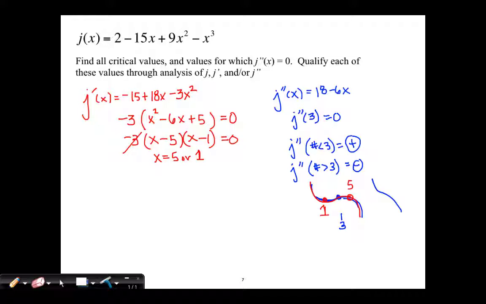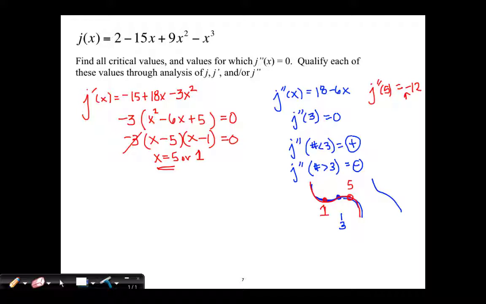But also, I could say, well, at x equals 5, I know that substituting into the second derivative, I get 18 minus 30. So whatever 18 minus 30 is, it's negative. Let's see, negative 12. The fact that it's negative 12 as opposed to negative 3 or negative 8 isn't going to help you a lot in understanding what's going on, but the fact that it's negative means that at x equals 5, I've got essentially 0 rate of change.